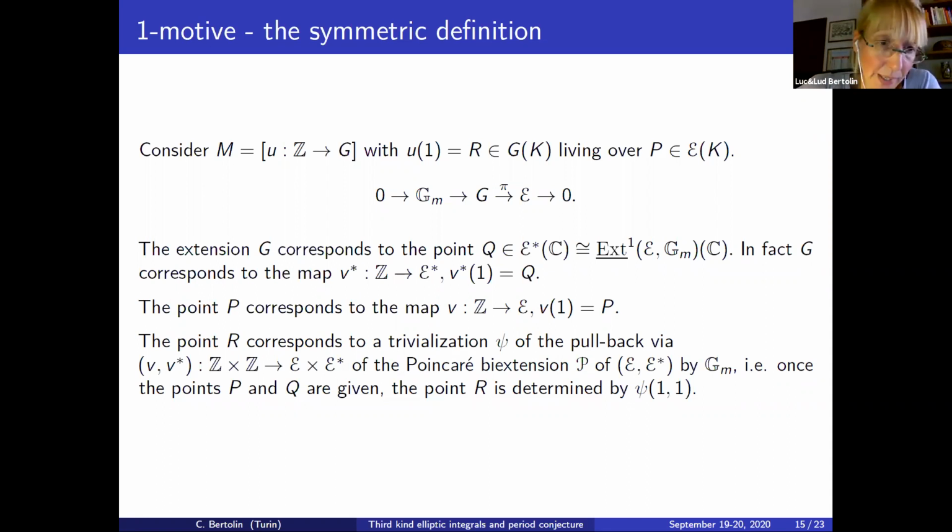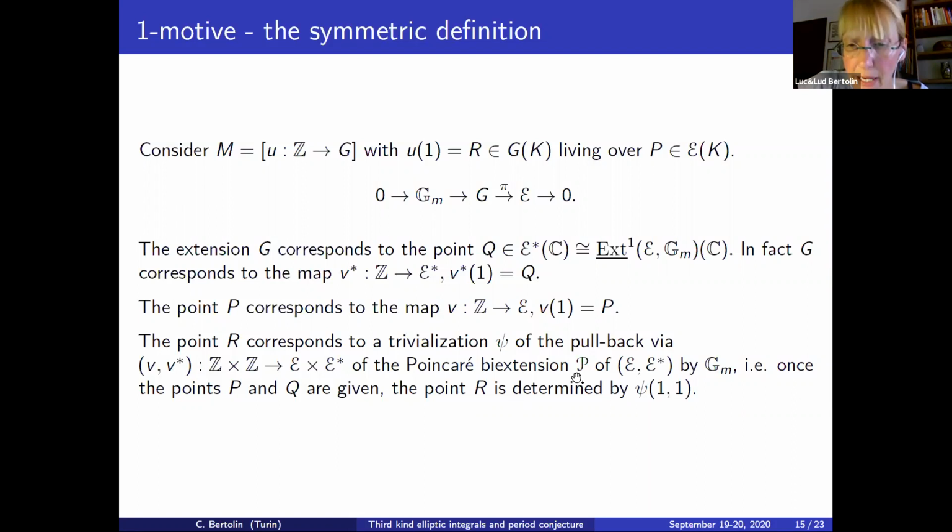To have the point R, we have another interpretation of the point R. This point R corresponds to a trivialization, via the pullback by V and V star, of the Poincaré biextension of E by E star by G_m. The point R is given just by the image of this trivialization of 1,1.